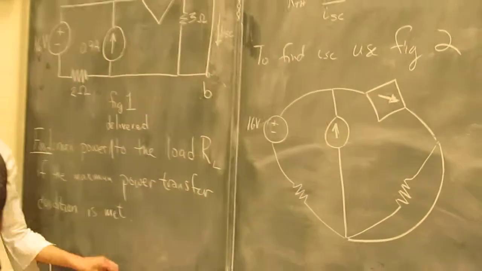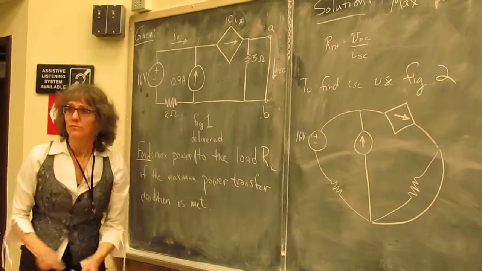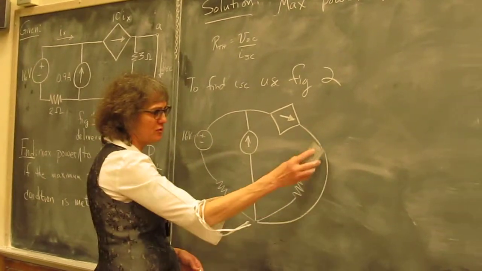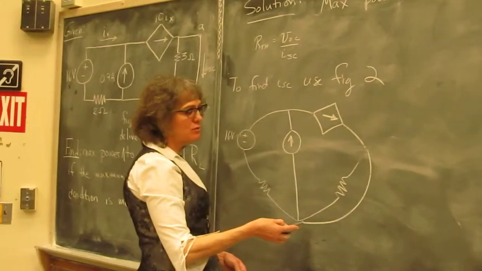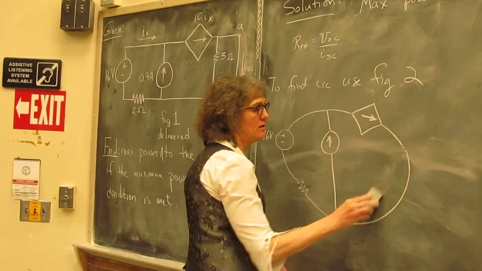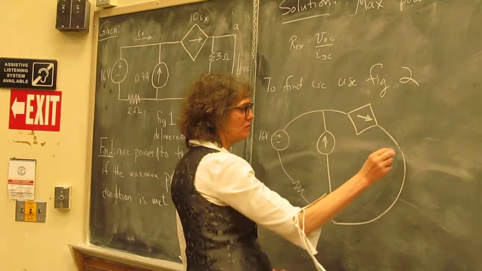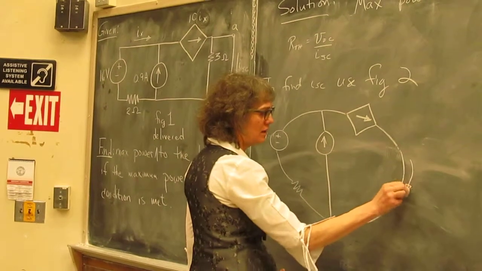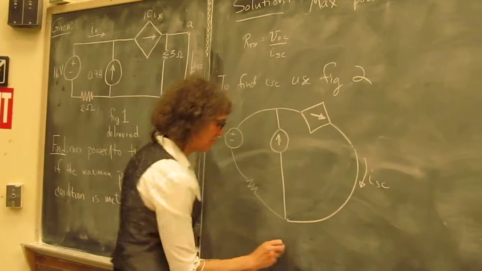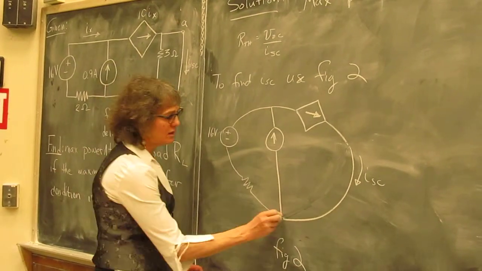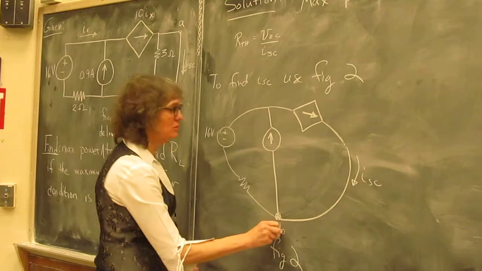So do I actually need to show that 3 ohms? No. Because it's being shorted out, a short in parallel with a resistor, I mean, you can do the math, you get 0. So the circuit actually now looks like this. So ISC, and this is figure 2, is there.